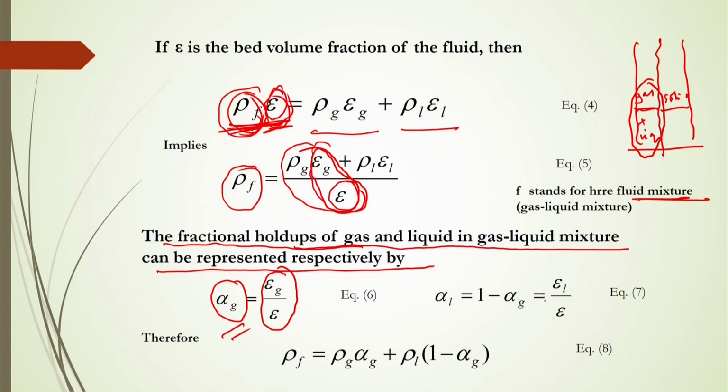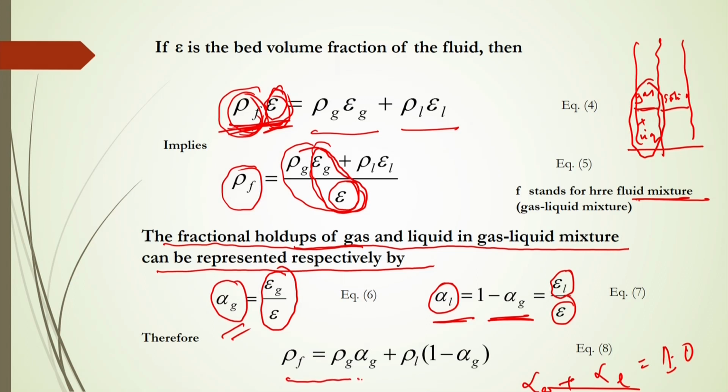And for liquid, of course, alpha_L equals epsilon_L by epsilon. If you add alpha_g and alpha_L, it will be equal to 1.0. So, alpha_L should be equal to 1 minus alpha_g. Therefore, we can say that rho_f will be equal to rho_g alpha_g plus rho_L into 1 minus alpha_g.